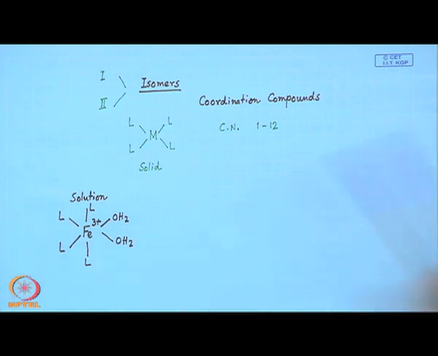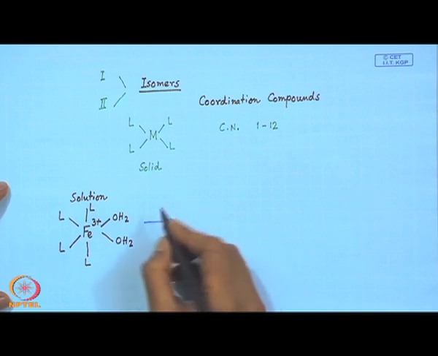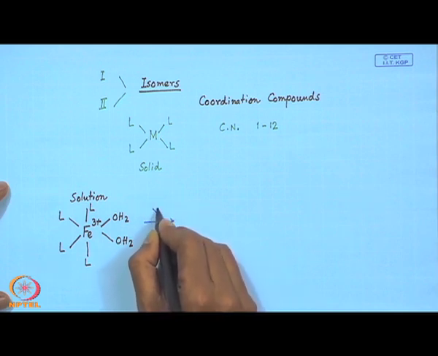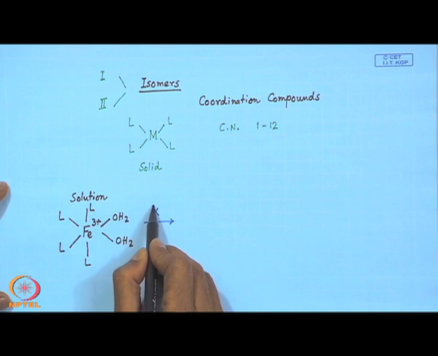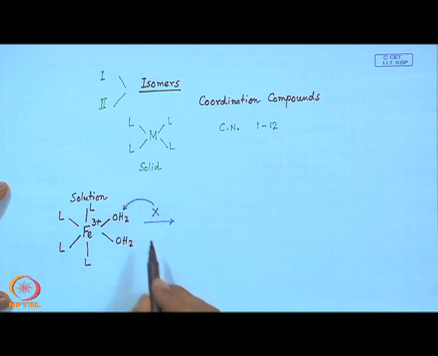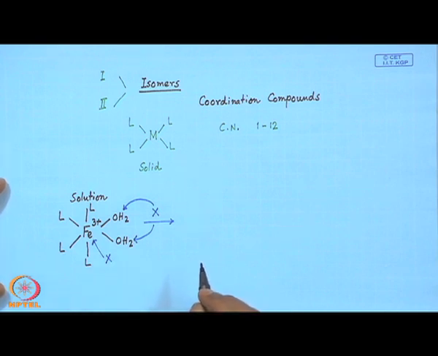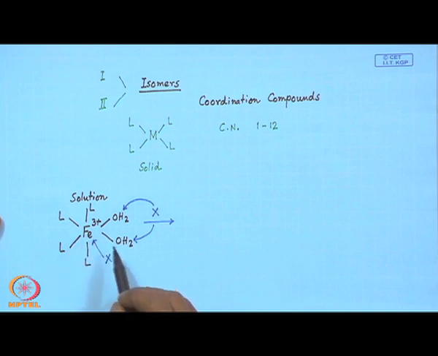So, this is going to react with some other new group, say X. How can this X replace the water molecule, or some other new arrangement can take place where the X can directly attack the metal center, that we can see through the different types of arrangements around the metal center.